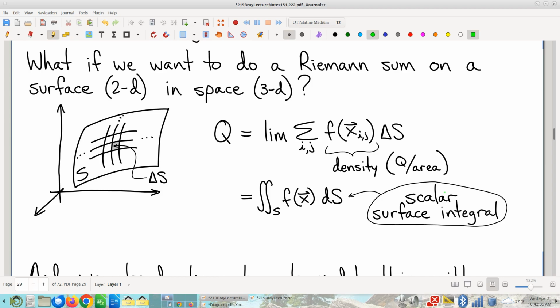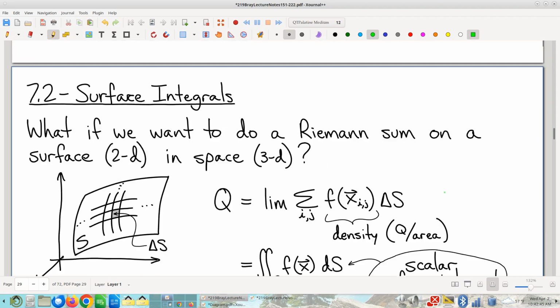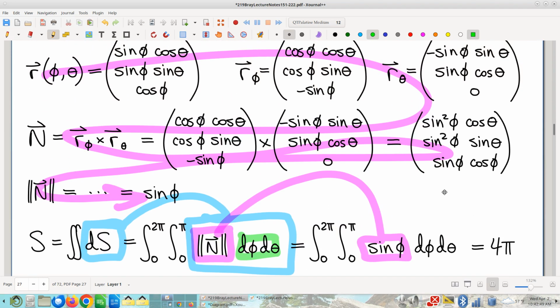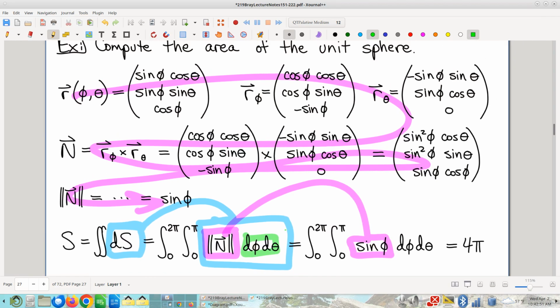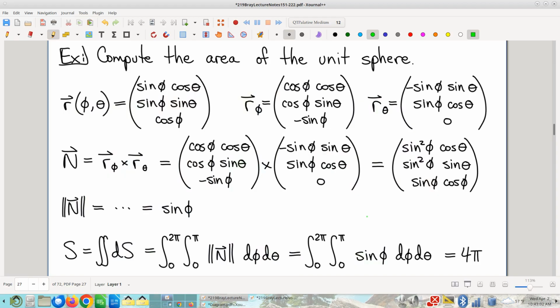Okay, moving along. So how are we going to compute this? The good news is we actually already have all of the tools that we need. In fact, we've already kind of computed an integral on surfaces. Back here, last time, this calculation where we computed the area of the unit sphere. I kind of waved my hands at this earlier. So this calculation, literally, I was adding up over the sphere.